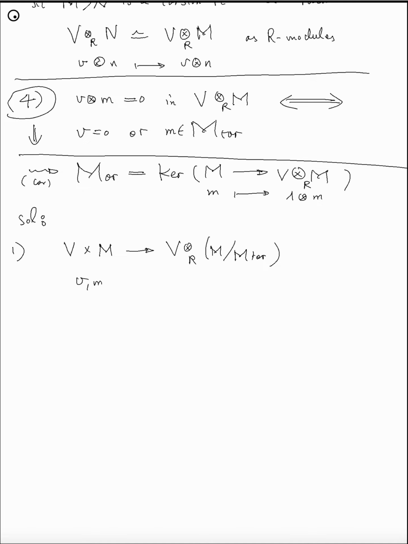The map is constructed as follows. This is R bilinear, which checks easily, and so this gives this map of tensor products.